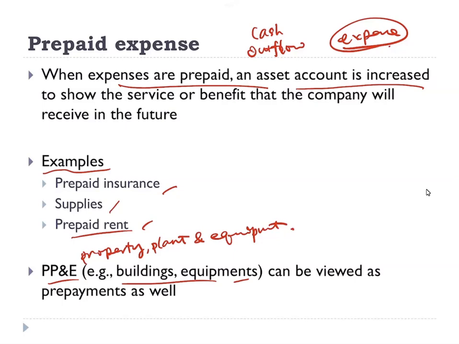They can be viewed as a prepayment as well, even though we tend to separate PP&E from the others. For example, prepaid insurance, supplies, and prepaid rent are usually short-term current assets, and PP&E is a long-term asset. However, the essence of PP&E is pretty similar to those other types of prepaid expense.